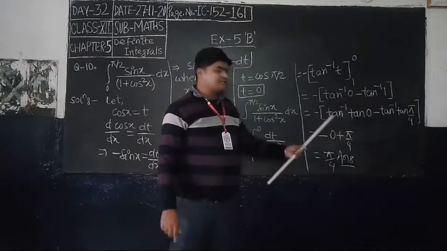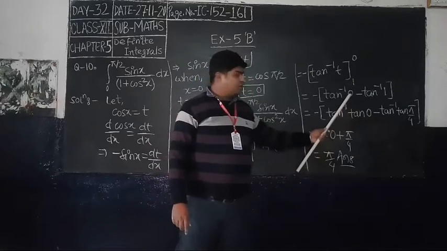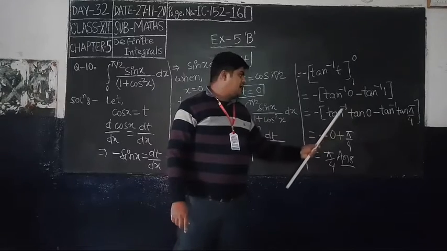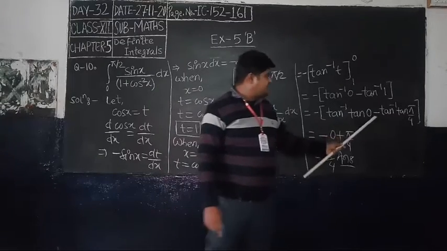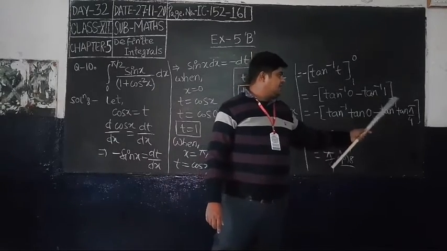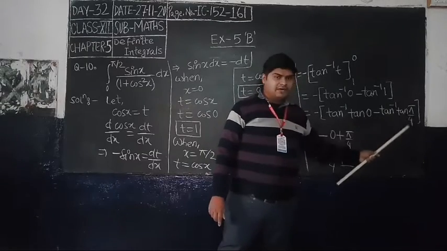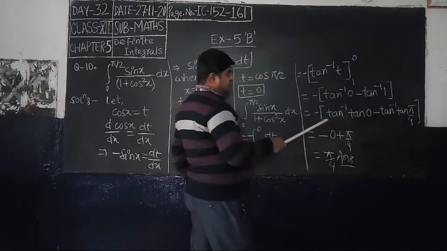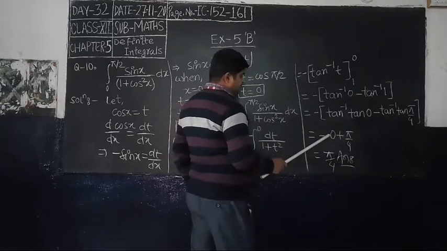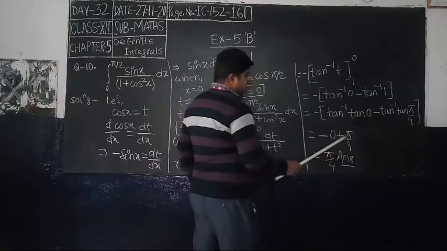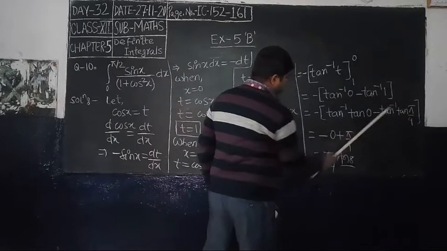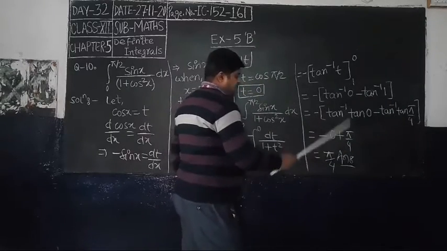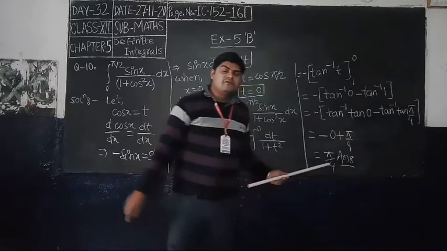So minus tan inverse, you know tan 0 is equal to 0, so tan inverse tan 0, minus tan inverse tan pi by 4, 1 is equal to tan pi by 4. So tan inverse tan cancel out, this becomes 0, minus minus plus tan inverse tan cancel out, pi by 4. So final answer is pi by 4.